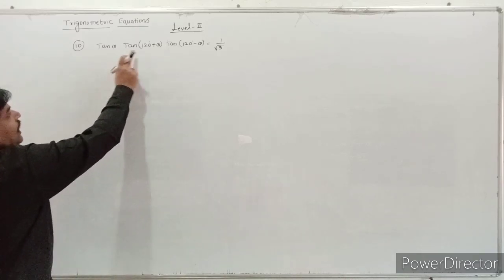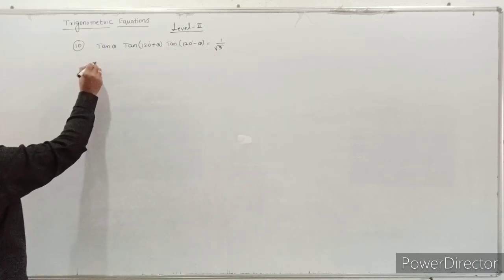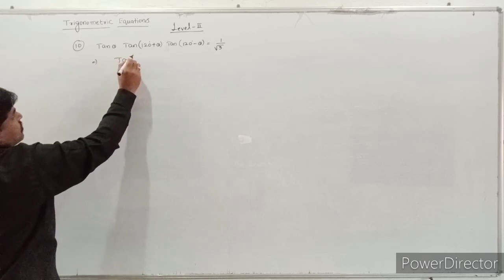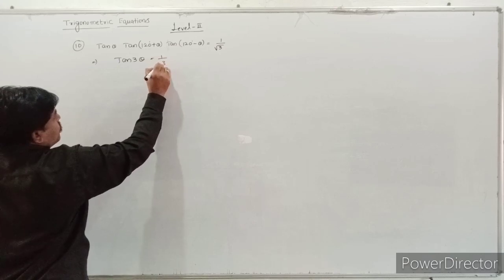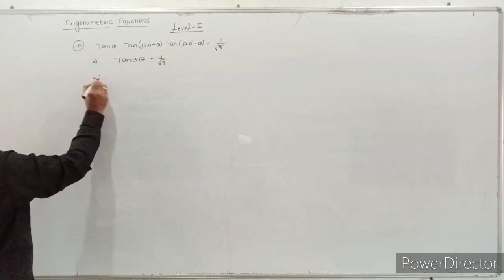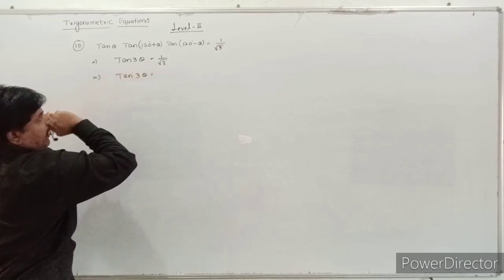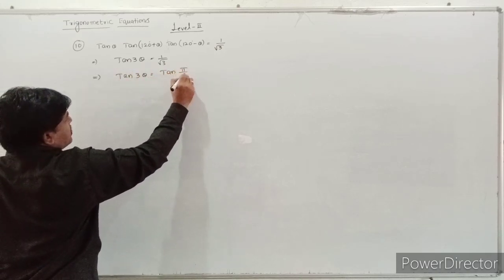Tan theta, tan of 120 plus theta, tan of 120 minus theta, the value I already know, the formula. I have already given the proof also. What is this? Tan 3 theta. So that is equal to 1 by root 3. So tan 3 theta is equal to 1 by root 3. What is the value 1 by root 3? 1 by root 3 is nothing but tan of pi by 6.